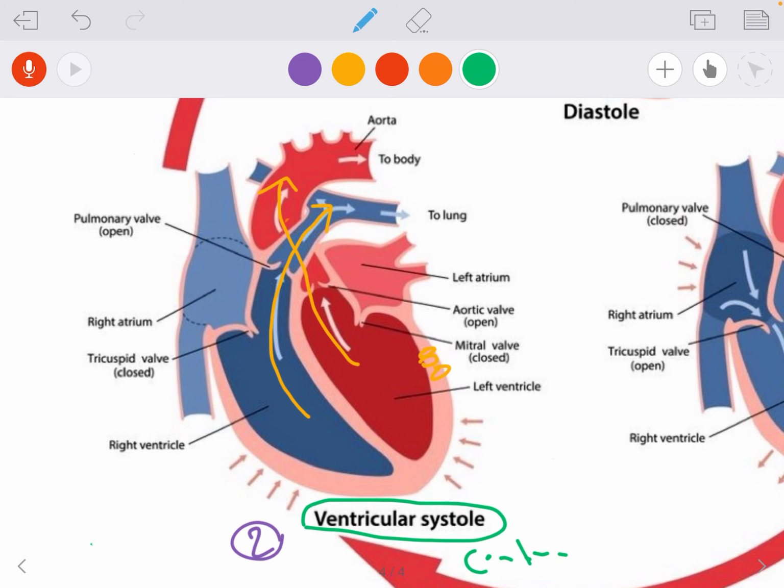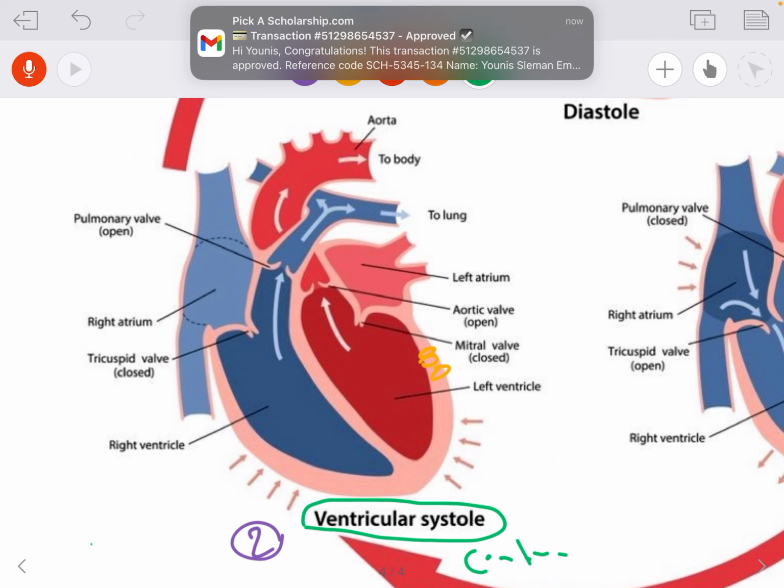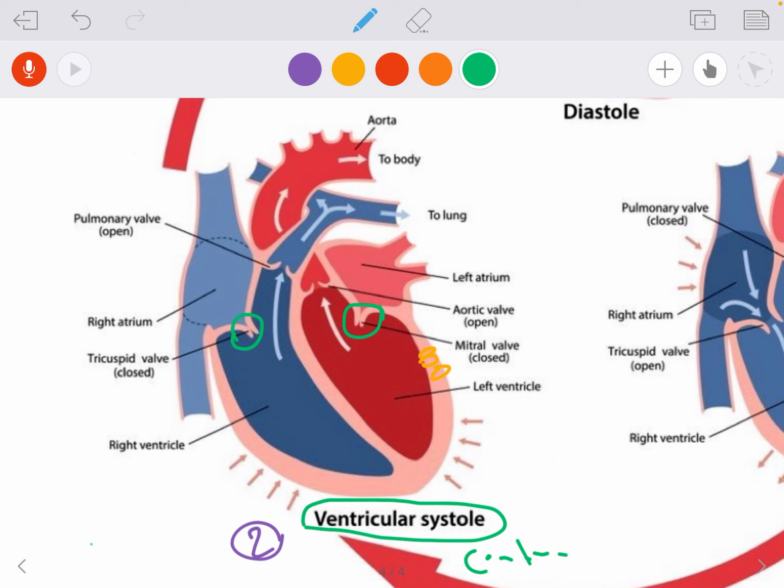So during this phase, you see the two atrioventricular valves must be closed again. In the first phase they were open to allow the flow of blood from the atria to the ventricles.